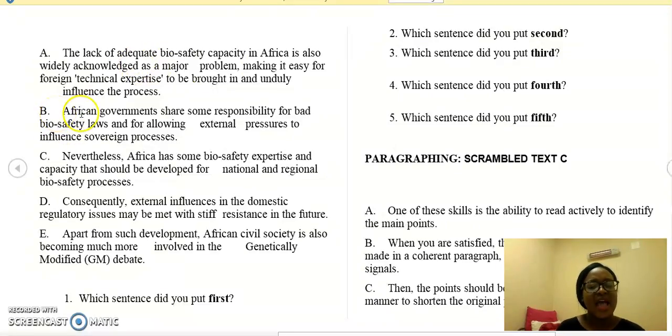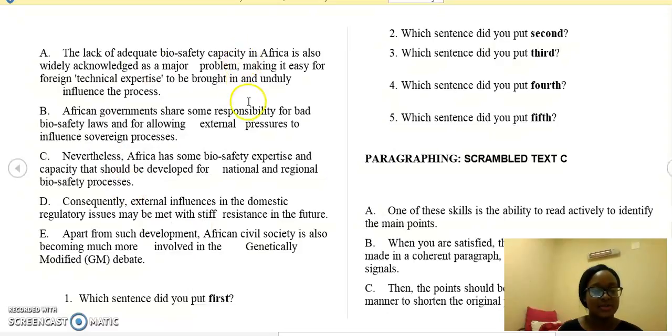But B says African governments share some responsibility for bad biosafety laws. Right. C, definitely not. Nevertheless is the logical connector. There is no way it can be C. D, consequently, also a connector, so it cannot be D. Our topic sentence definitely cannot be C or D, so we scratch that out.